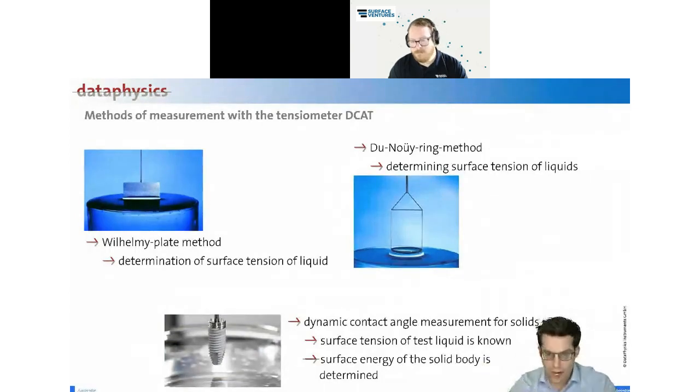So this means, if we want to use dynamic contact angle measurements by a force tensiometer to characterize implants, we first need to make sure that the water that we are using is pure and clean. Because we do indirect measurements, we use this water to assess the wettability on the implant.